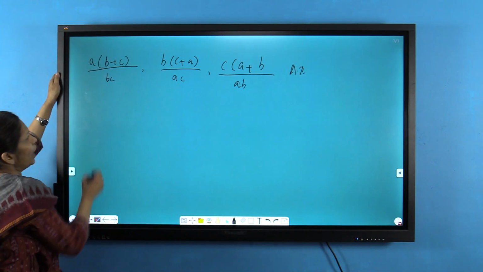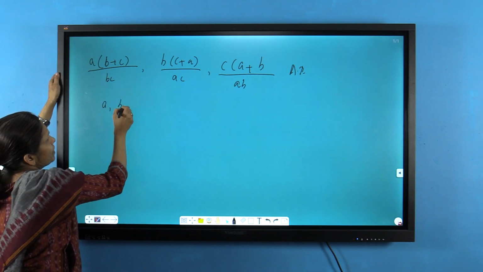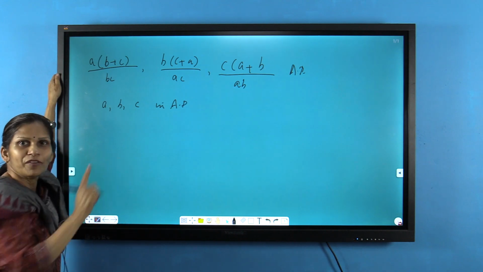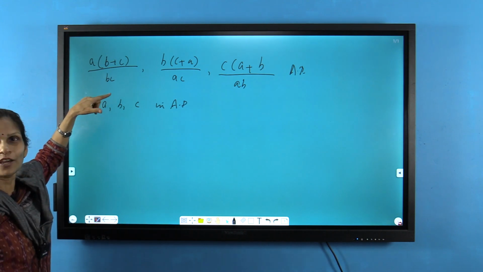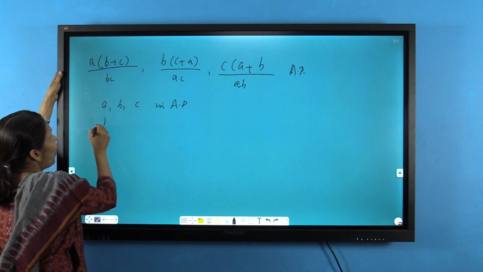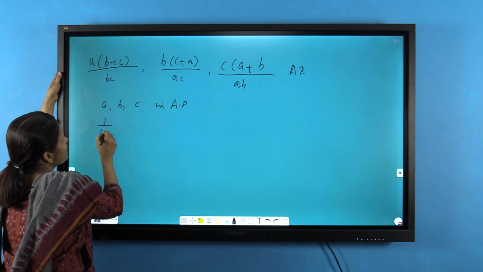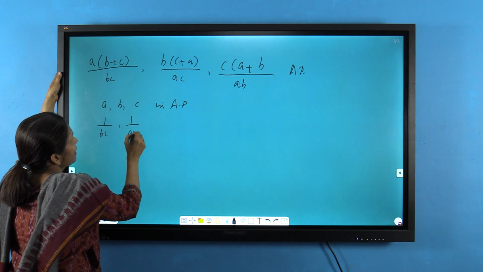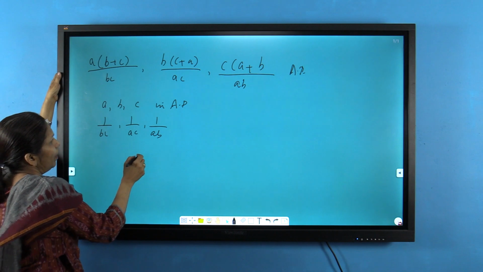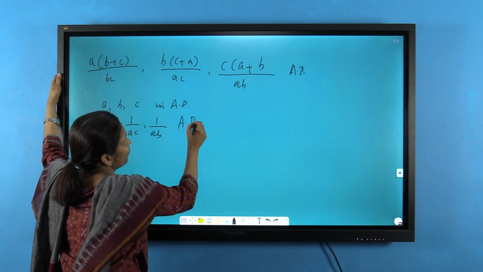So you have A, B, C in AP. Like the previous question, I divide throughout by ABC. What would I have? 1 by BC, 1 by AC and 1 by AB are in AP also.